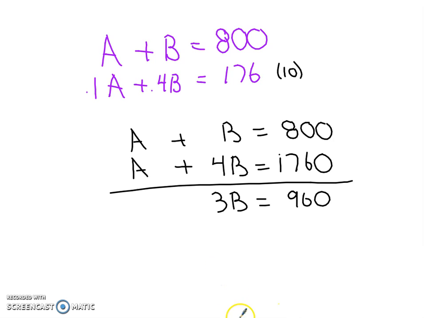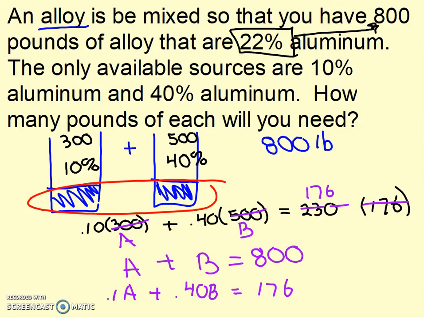Yeah, it's 960. So then you can solve for B by dividing by 3, and that's going to get you 320. So now you know that you need 320 pounds of B, and then since they have to add together to get 800, this one's going to be 480 of A. So the answer is going to be 320 of the, let's see, what was that?